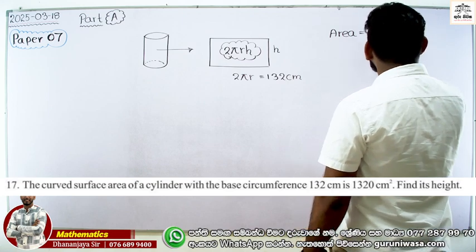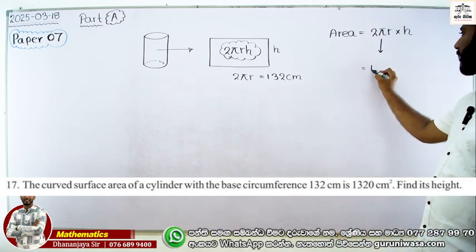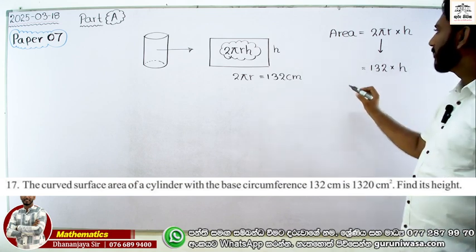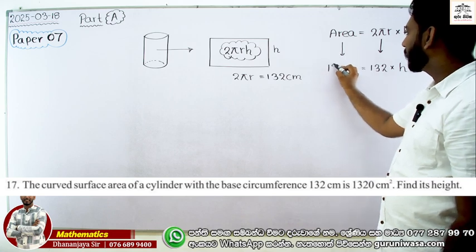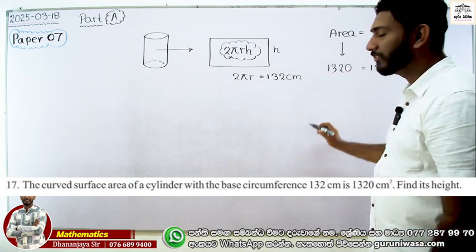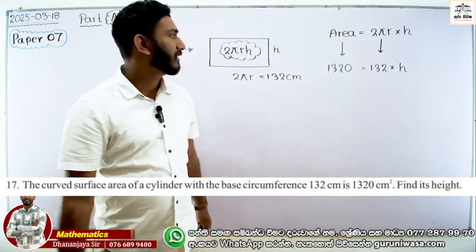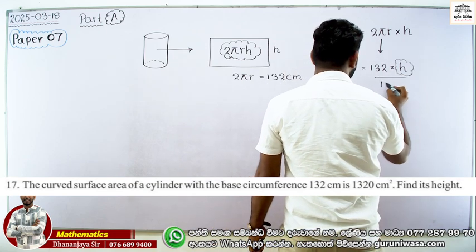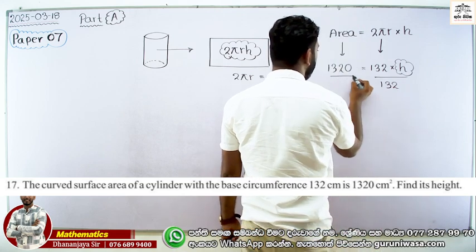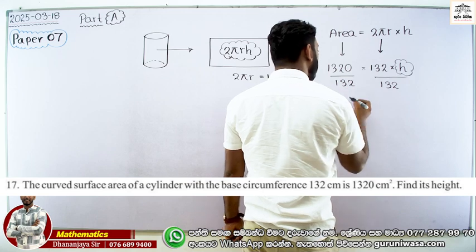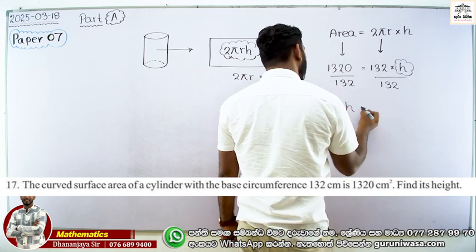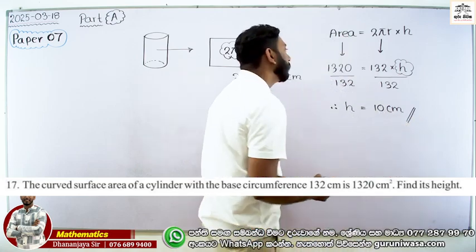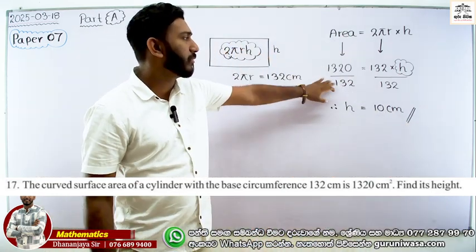We know the value of 2 pi r, it is 132, and we don't know the height. The area is 1,320. Now find the height. Divide both the left hand side and right hand side by 132. The height becomes 10 cm, since 1,320 divided by 132 is 10.